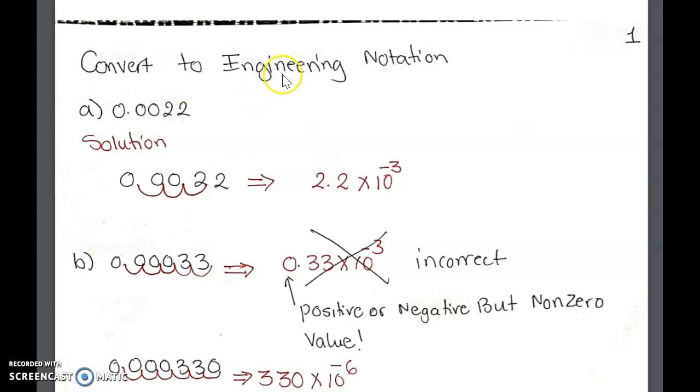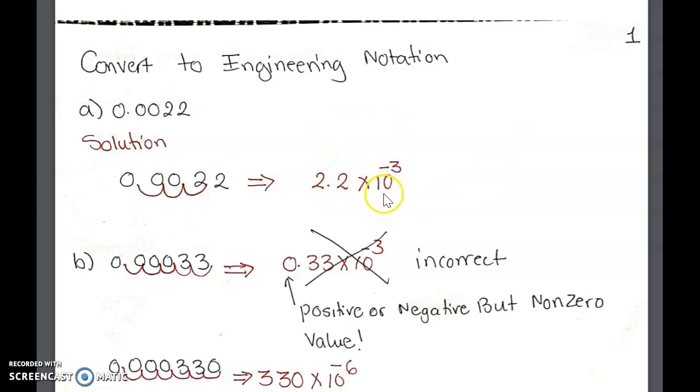So I'm going to take it to engineering notation. How many places do I have to move the decimal point to the first non-zero value? Let's count them: 1, 2, 3. So it takes 3 places for the decimal point to be moved to the first non-zero value.